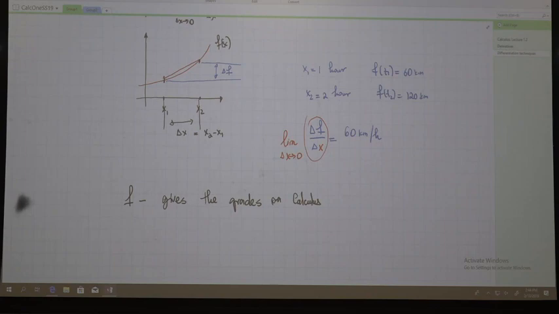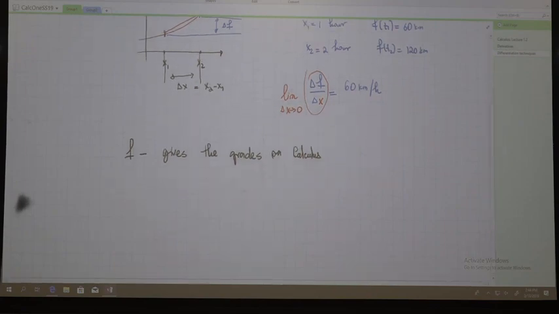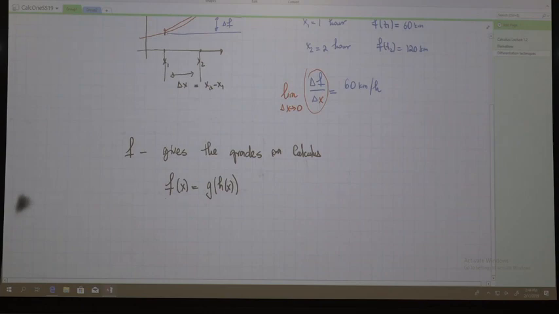Okay, but sometimes this function f might depend on other functions, right? So we say f of x depends on g of h of x. So for example, last time we discussed this issue.